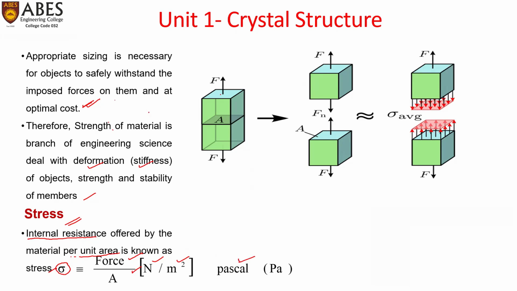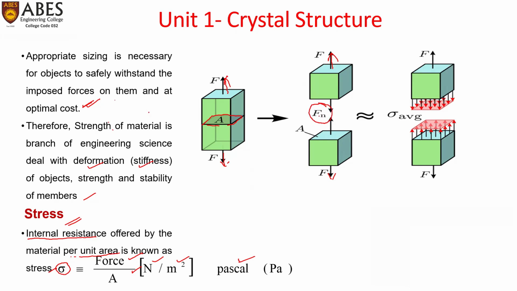So basically, if we consider a body where the force F is applied uniaxially and tensile loading is there, tensile force is applied. And the area of cross section, since it is a regular body, is A. Then when we apply this axial, tangential, unidirectional tensile force F, a reaction force Fn is generated.